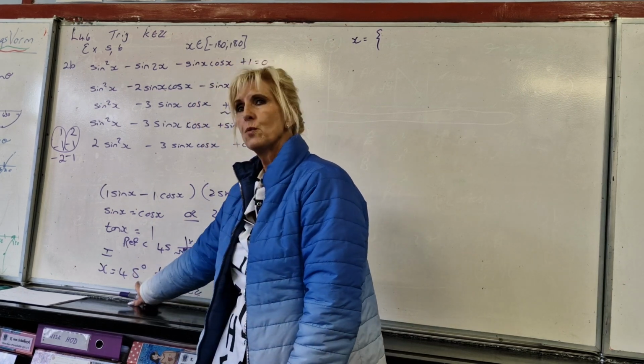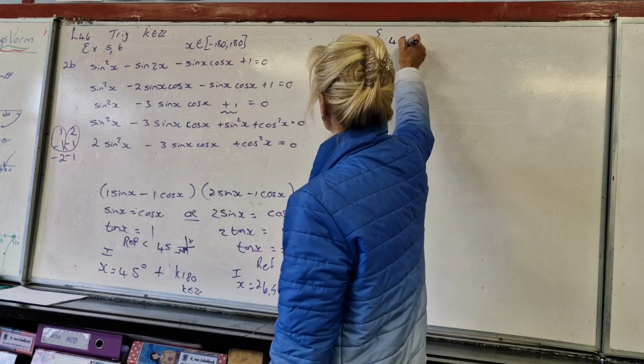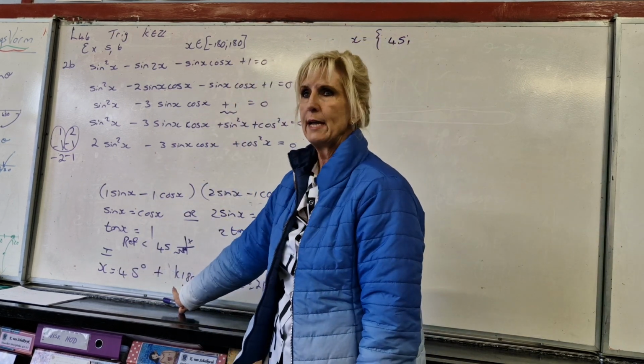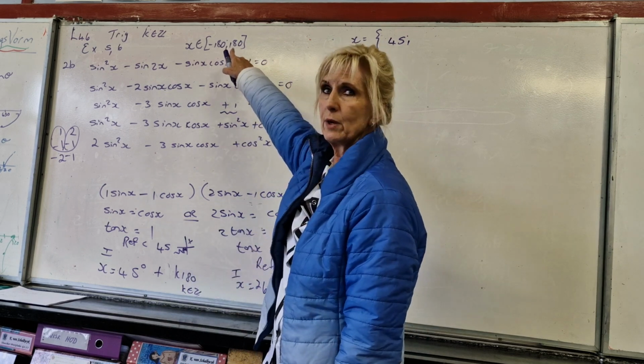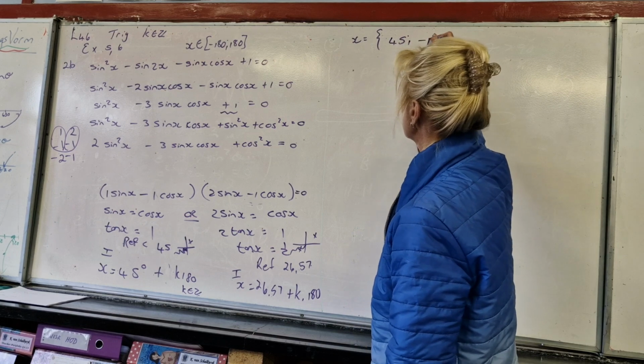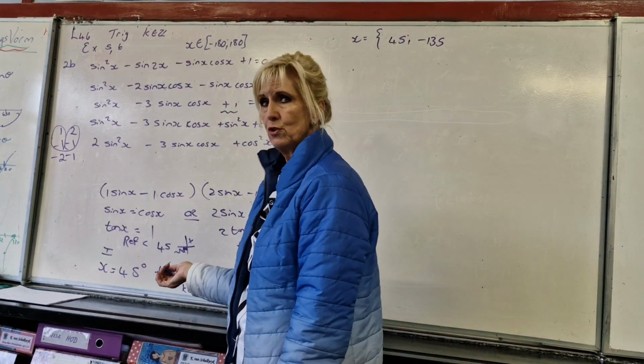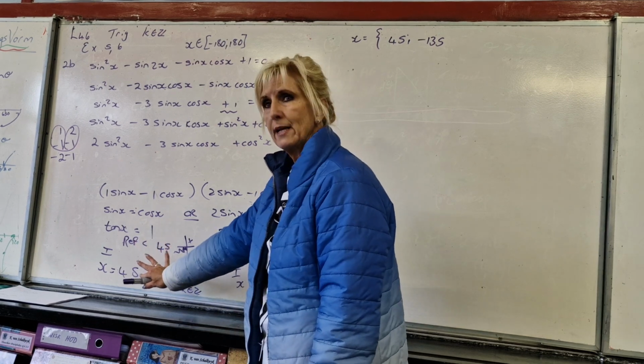First one that you would get is 45 degrees. Then you're going to add 180, but then that's going to be way bigger than 180, so I'm not going to do that. I'm just going to say minus 180 and get minus 135, and if I minus another 180, it's going to be too small. So I'm done with that general one.